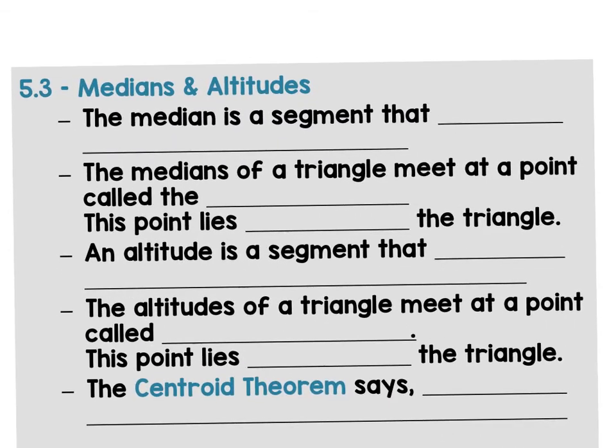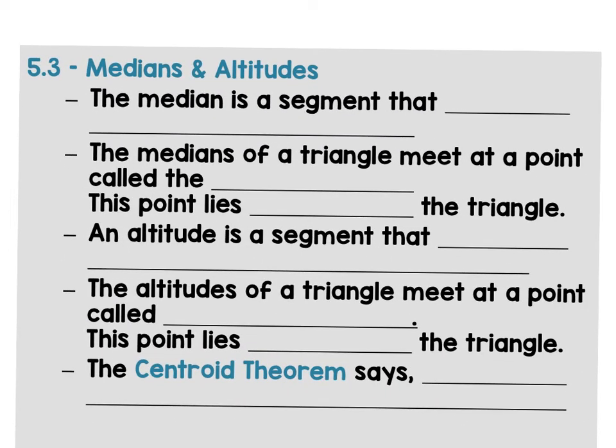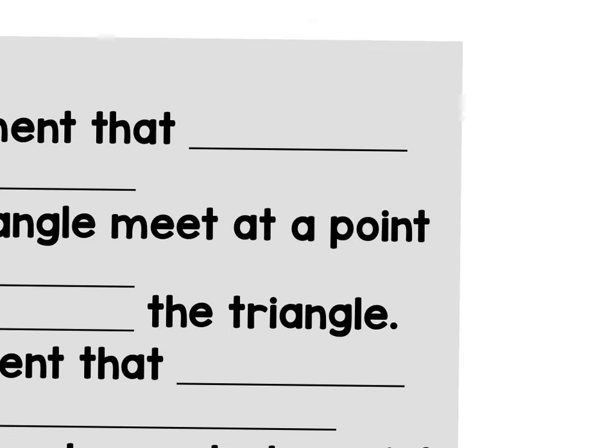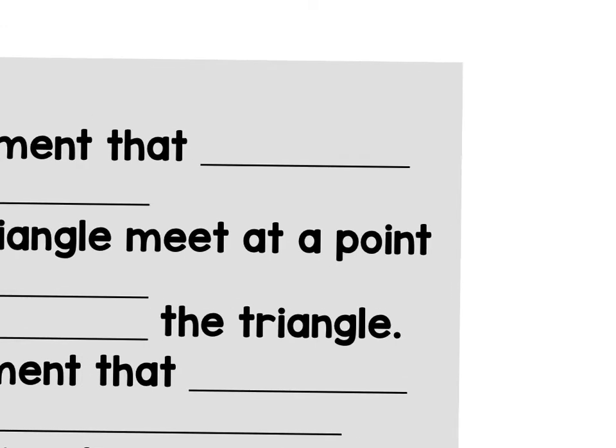The median, what's the median do? It connects two things. What are those two things? Okay. Vertex to a side. Good. Where on the side, though? Put your two brains together. Maybe we can get to this one thing. Ryan said the middle. What's the middle? Midpoint. The midpoint. Good.